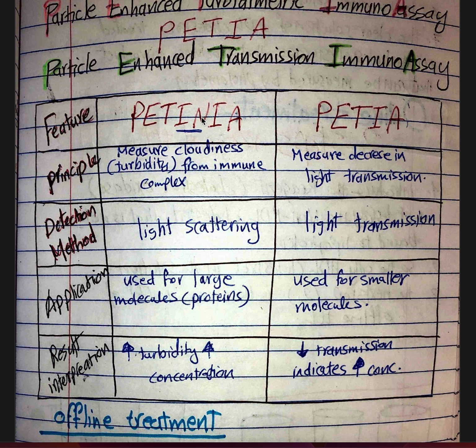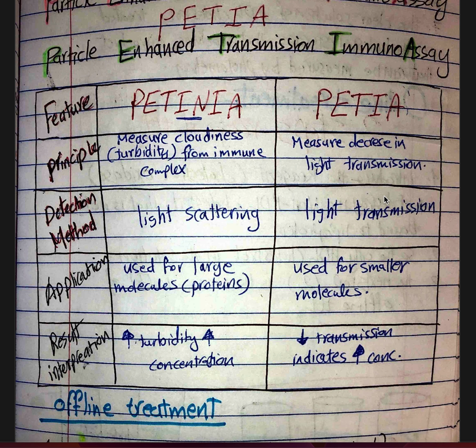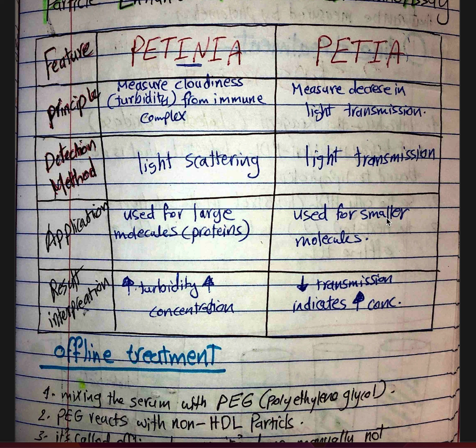Okay, when we add the N, it means it's turbidity. So PETIA measures the decrease in the light transmission, because we measure the light transmission, not the light turbidity. And when there is a decrease, that means there is absorbance, and that is used for the smaller molecules.